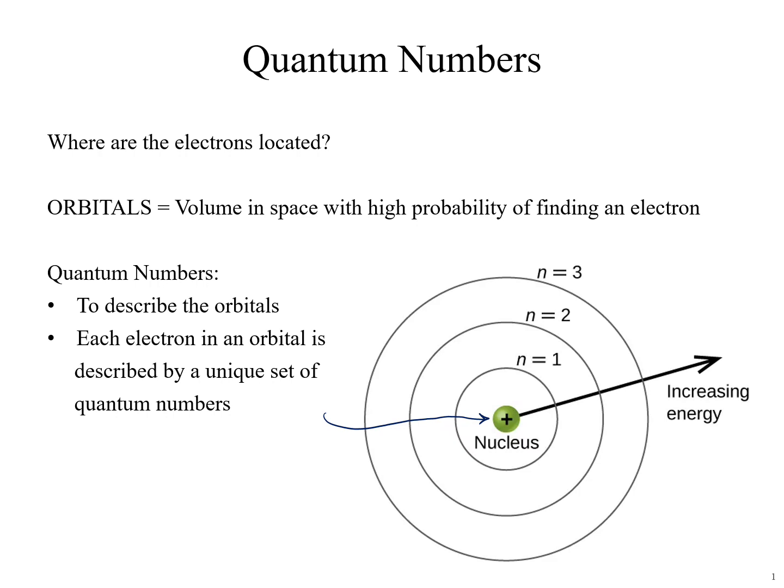Depending on how many electrons you have for a specific atom, we're going to have electrons in different energy levels, in different orbitals in those energy levels. We can see some of those energy levels represented here. Actually, if we have the nucleus in the middle, then we have different energy levels going around.